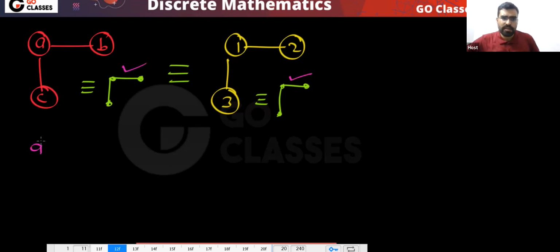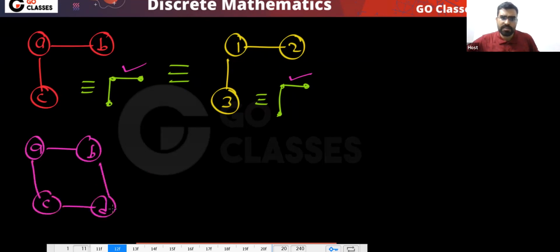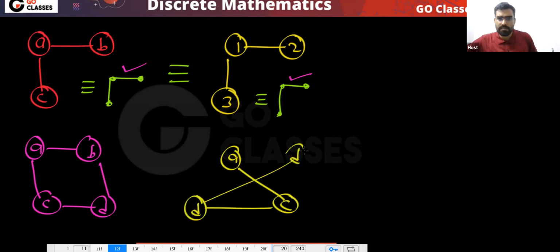Now similarly, A, B, C, D, this graph and A, C, D, B. Tell me, are these two graphs isomorphic? Can I say they are basically the same? I told you that drawing does not matter in a graph.